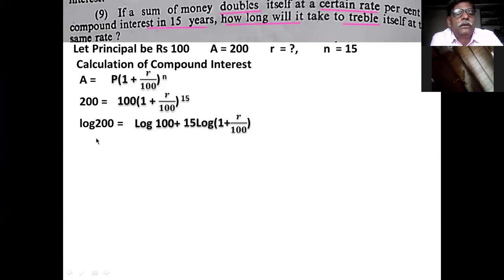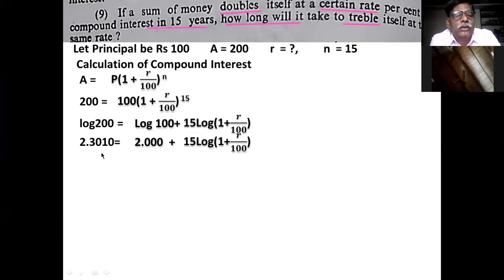This is the step. Log 200 value is 2.3010. Log 100 value is 2.000. The 15 log (1 plus R by 100) remains as it is, because it is not possible to separate the log here because of the plus and minus signs.